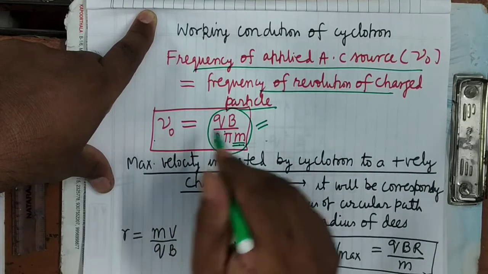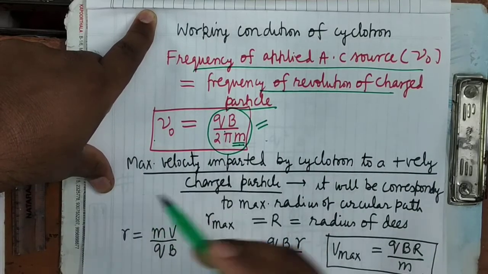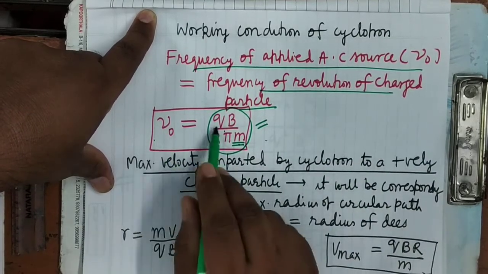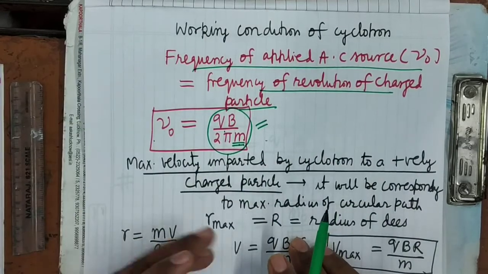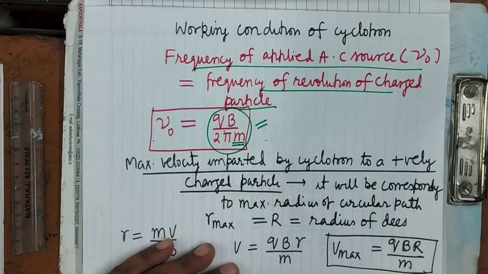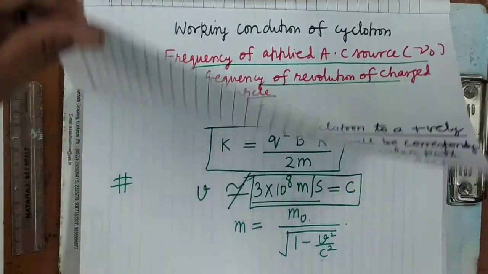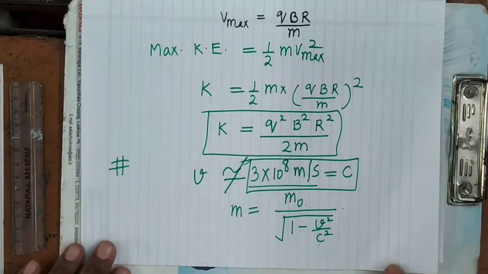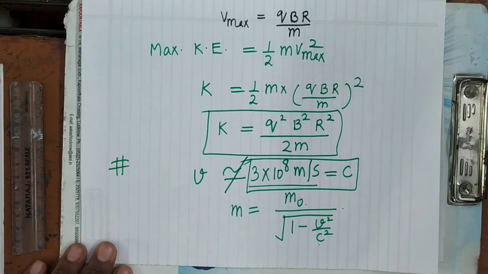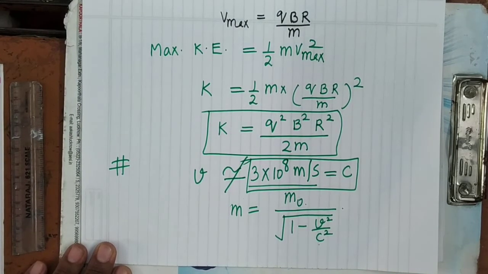When the mass changes, the two frequencies will become unequal, and what will happen? The cyclotron will stop working. Is it clear? So it can accelerate particles to huge velocities, but not comparable to the speed of light. Then what are the other limitations?